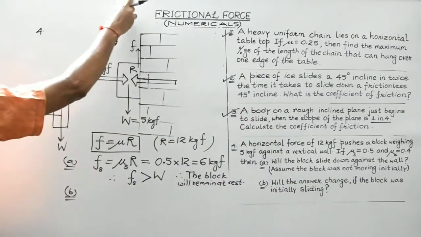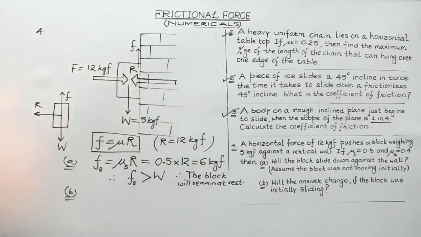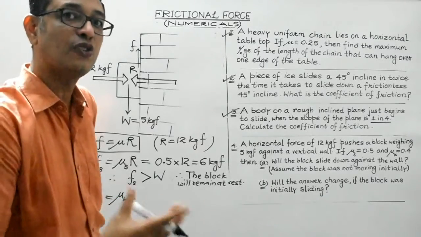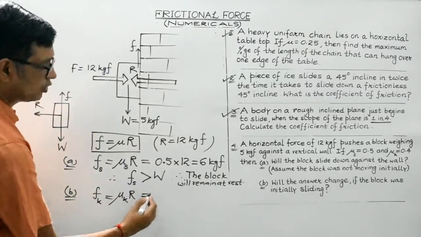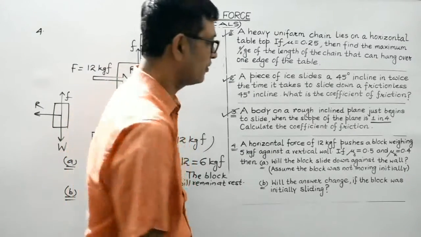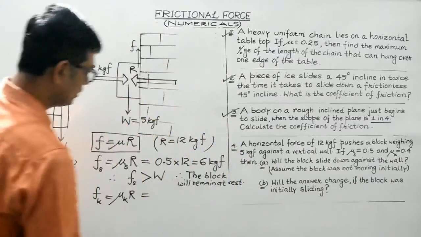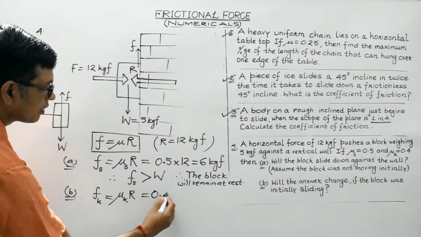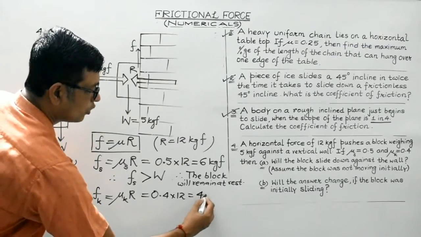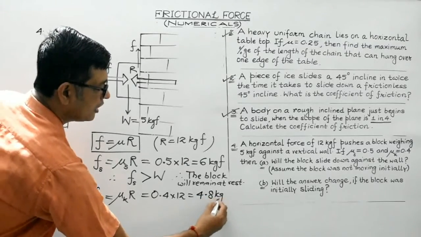Let us consider the block to be initially sliding like this, right? So in this case, we need to consider the kinetic friction. It will be equal to mu k into R. Mu k is the coefficient of kinetic friction, and the coefficient of kinetic friction is somewhat less than that of limiting static friction. Here its value is given to be 0.4, multiplied by 12, so it is 4.8 kgf.